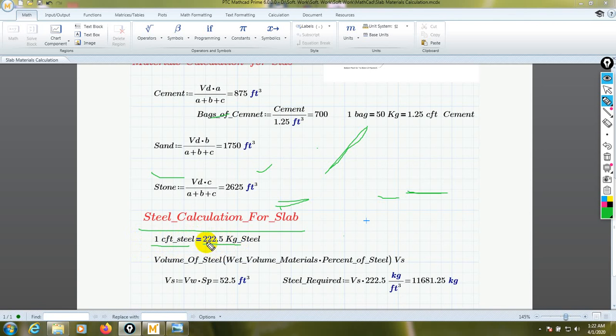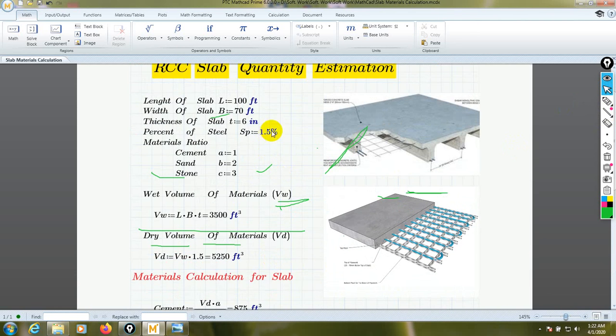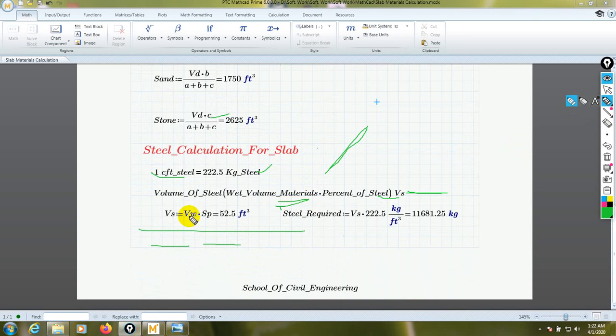We considered the steel percentage as 1.5%. Here the important thing is that we use the wet volume of materials, not the dry volume, into the percent of steel.